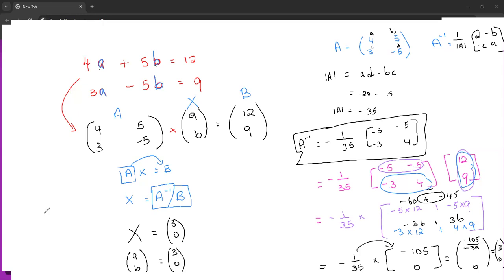And anytime you have matrices which are equal, we know that elements in the same position will be equal to each other. So A is in the same position as 3, so A is 3. And B is in the same position as 0, so B is 0. Right, so my solution would be A is 3 and B is 0. So this is my answer.